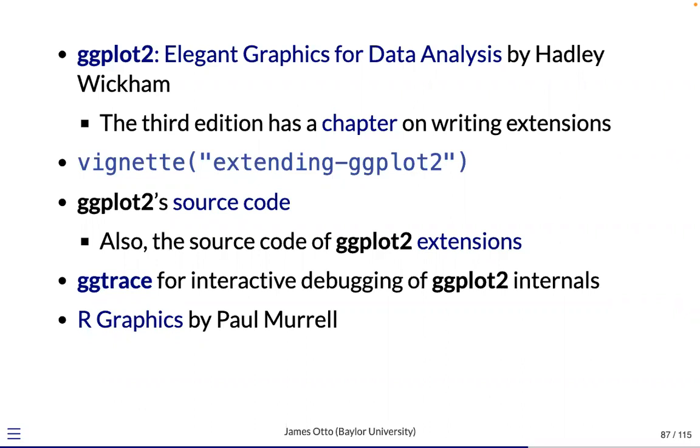It's not too complicated, but it really helps build up an intuition of, for example, if you remember Randy's original question about what that data frame is used for, I talked about how that data frame actually had several columns besides X and Y. You don't know that unless you can poke around in the execution environment of compute or draw group. And that's what ggtrace allows you to do. Browser, the base R function, lets you do that too. It's just ggtrace better. And then finally, again, there's that R graphics book I would definitely recommend.